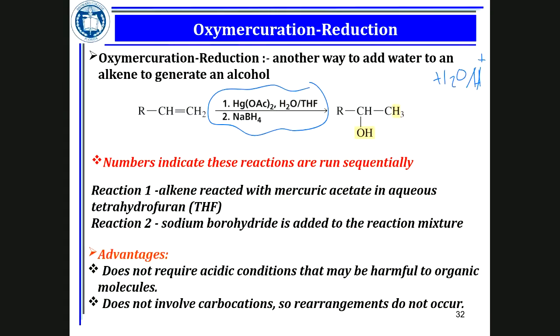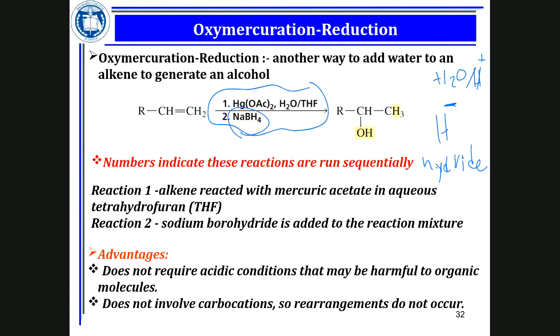Basically, you're bringing the mercury to attach to the carbon-carbon double bond first, and then you are going to remove that mercury by bringing in a reducing agent, sodium borohydride. What is sodium borohydride? Sodium borohydride is a compound that can provide H minus. It can provide hydride ion.